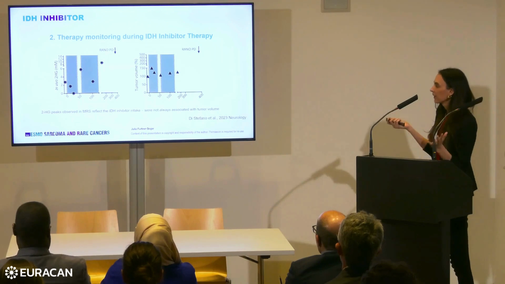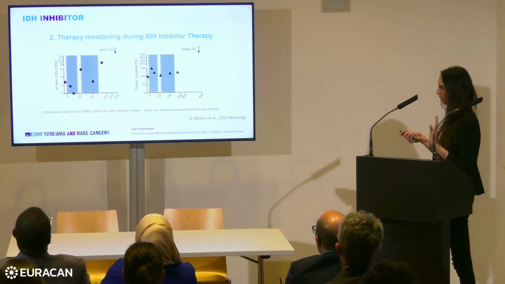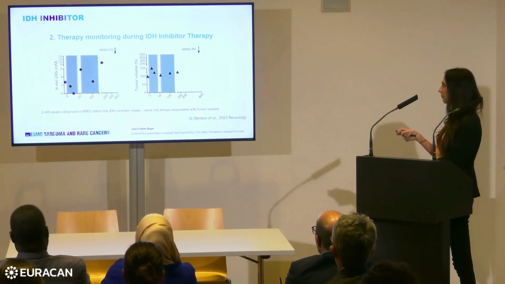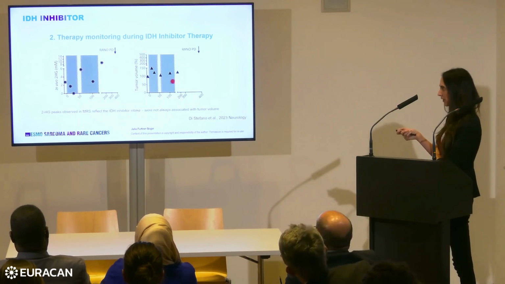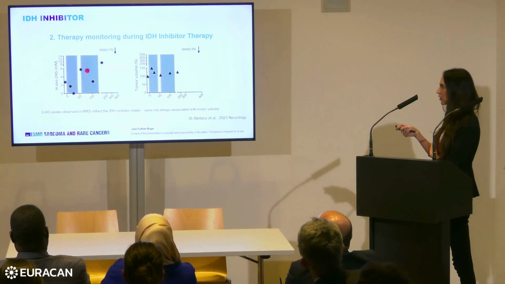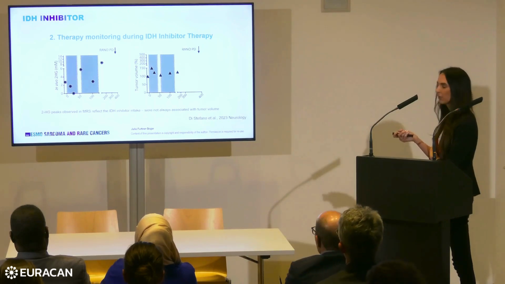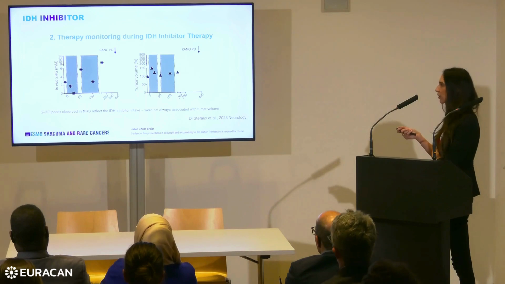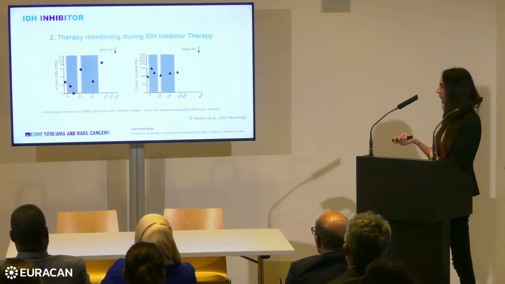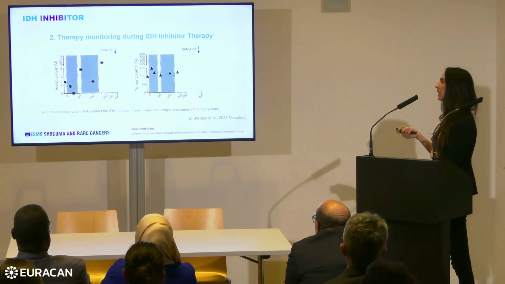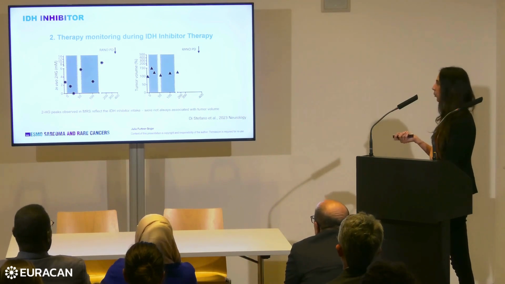You can also again use the MR spectroscopy, but be aware. This is the same patient, and the gray columns show us the IDH inhibitor intake. The 2-hydroxyglutarate reflects the IDH inhibitor intake, but was not always associated with the tumor volume.